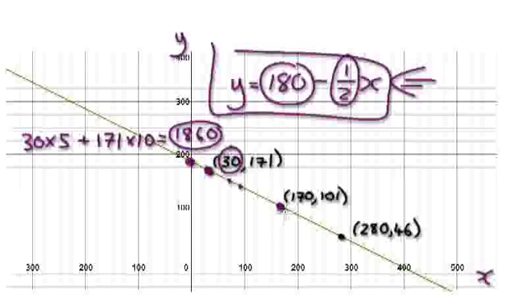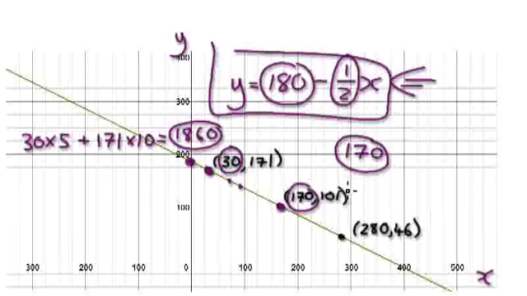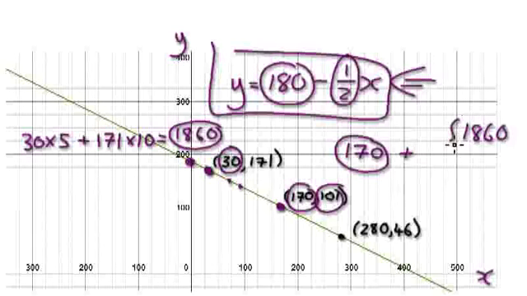So if you get 170, remember this is your x value here, 170 £5 notes and 101 £10 notes, it does actually come up to 1,860 pounds, and the same is true here.